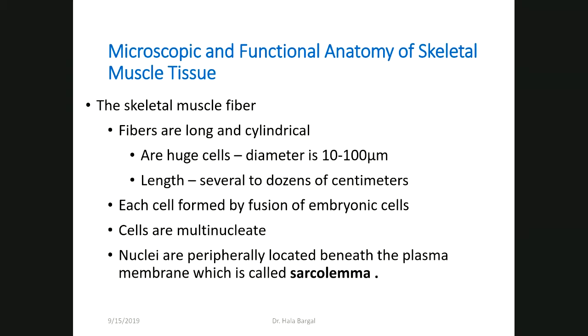What is the microscopic and functional anatomy of the skeletal muscle tissue? Okay, the skeletal muscle fibers are long and cylindrical. They are huge cells. Diameters are 10 to 100 micrometers. The length is several to dozens of centimeters. Each cell is formed by fusion of embryonic cells.